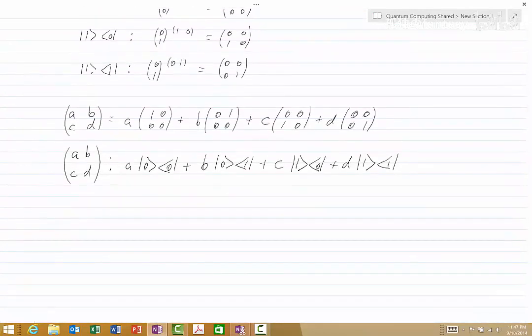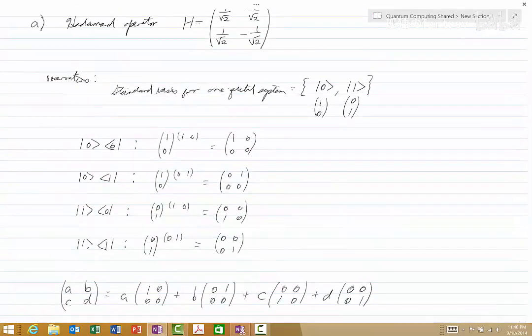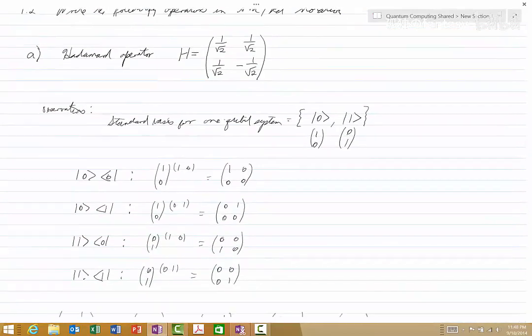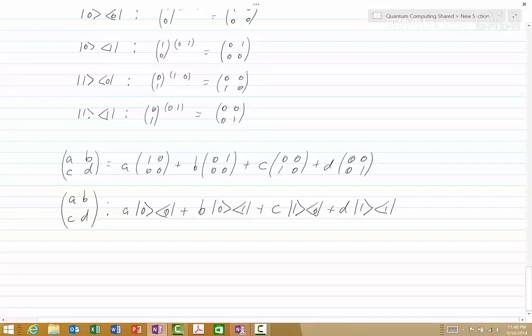So for instance now, if we return to the problem under consideration, the Hadamard operator, H, equals 1 over square root of 2, 1 over square root of 2, 1 over square root of 2, minus 1 over square root of 2. What is the corresponding operator?